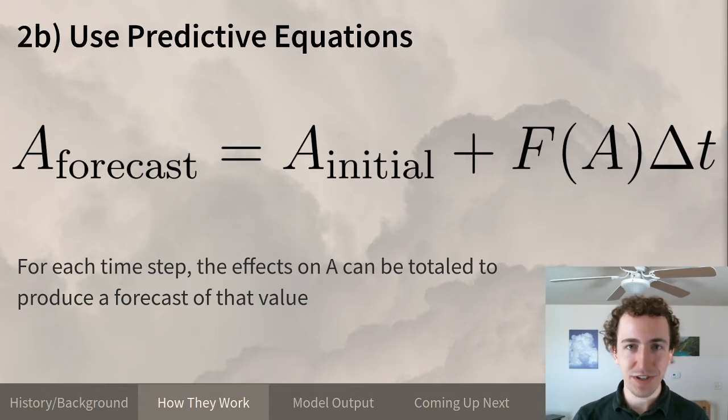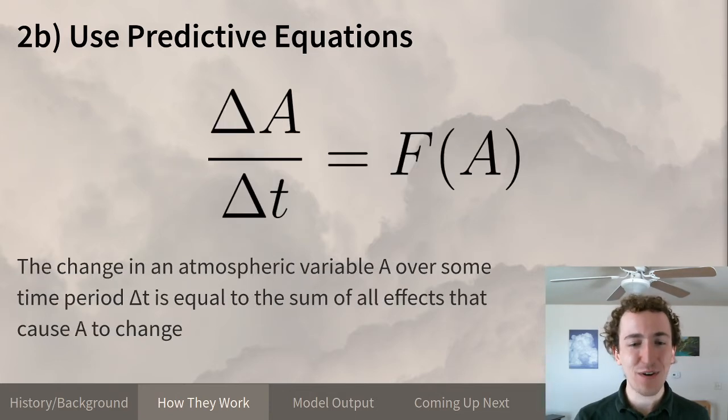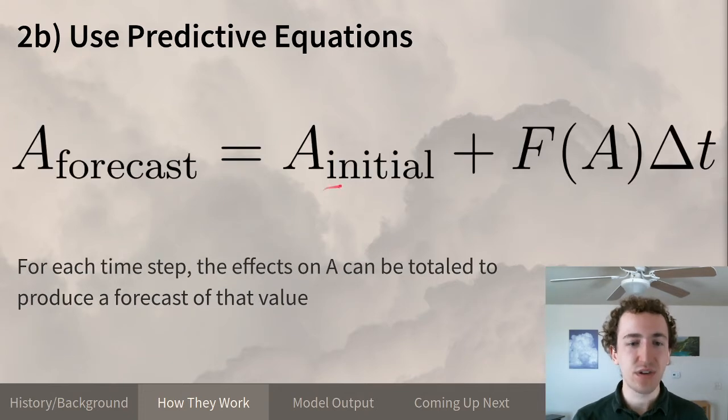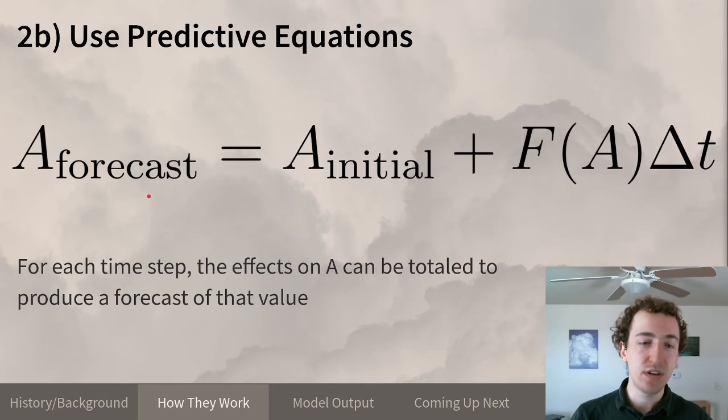Now, if you're interested in the actual differential equations of all of this, you can find resources or contact me later. There's no need to worry about anything more complicated than this basic rate of change idea, where we go from a rate of change to a stepwise process to go from a start value to an end value.